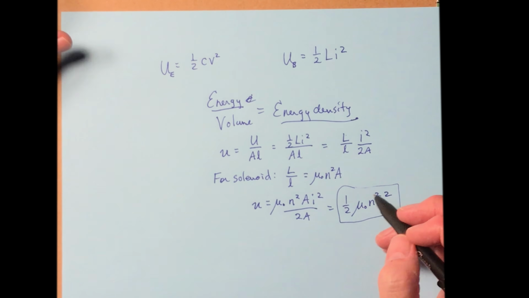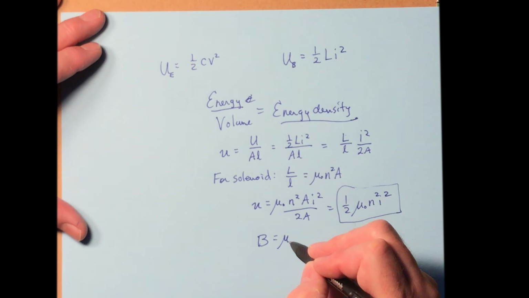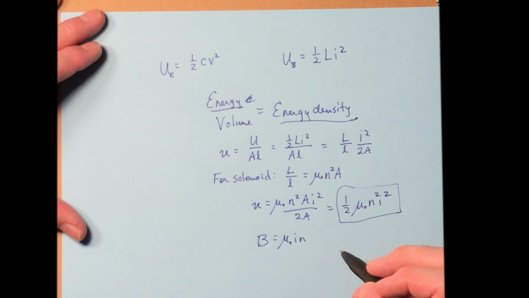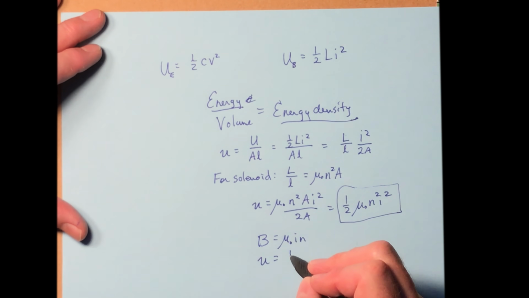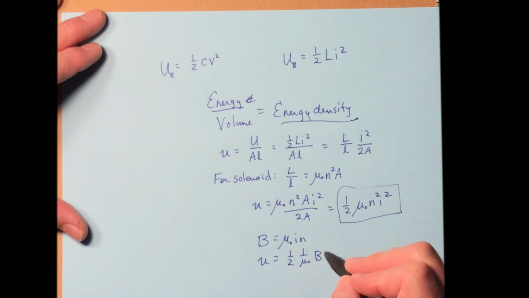But for a solenoid, the magnetic field is mu naught I times N. So u can be written as 1/2 times 1 over mu naught times B squared.